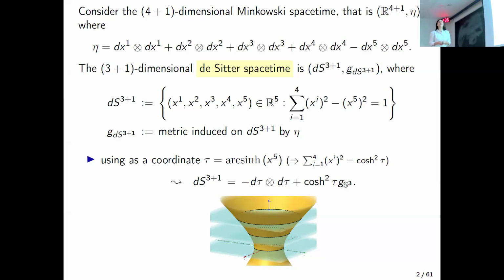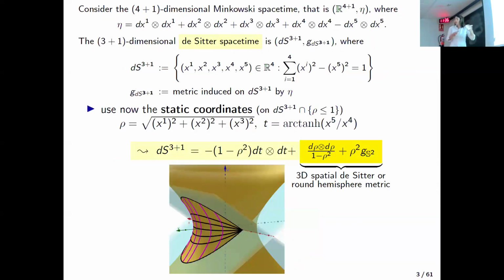But another possibility is to use what are called static coordinates. In this case, they are not global coordinates, so they give rise to what are called static patches. You can see here one of these patches. And if you use these coordinates here, you can rewrite the de Sitter space-time in this form.